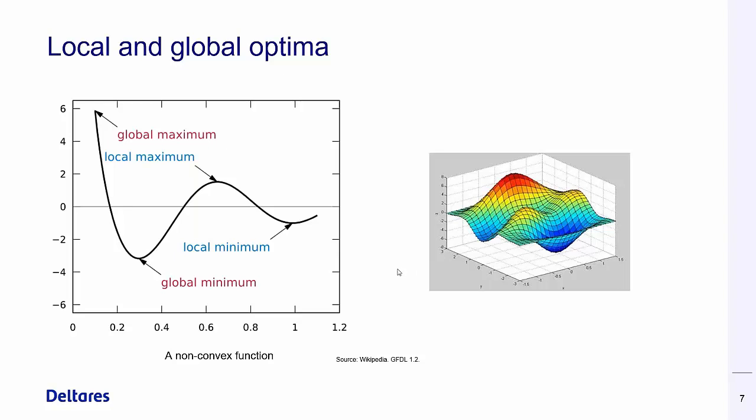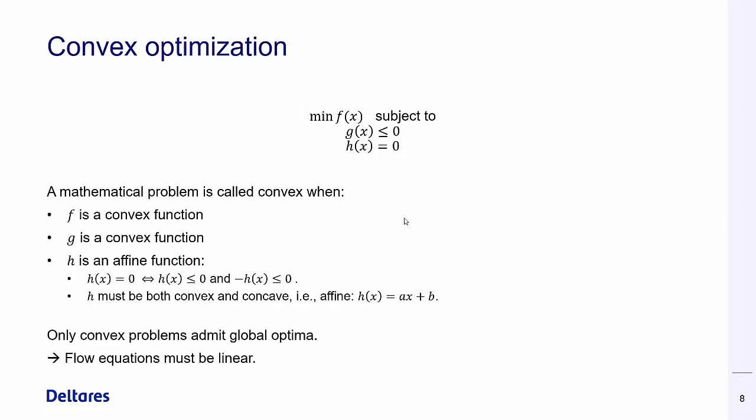But imagine we look at multiple time steps, let's say 2 weeks times 24 hours, then each time step adds a dimension, so we have a very high number of dimensions in an optimization problem, and then it becomes much more complex to find the global minimum. So this means we should aim to formulate a convex optimization problem.